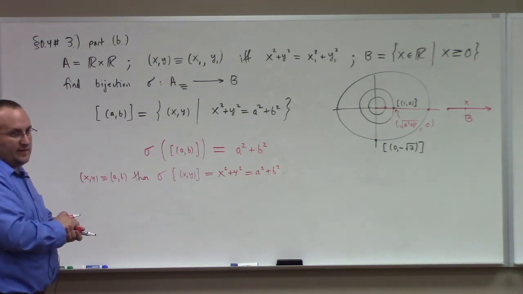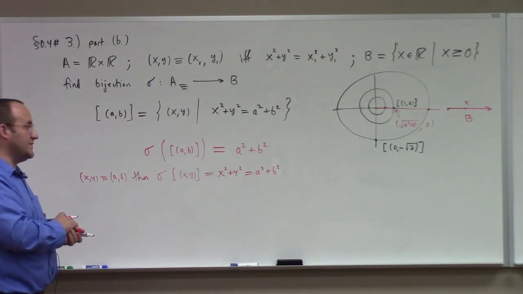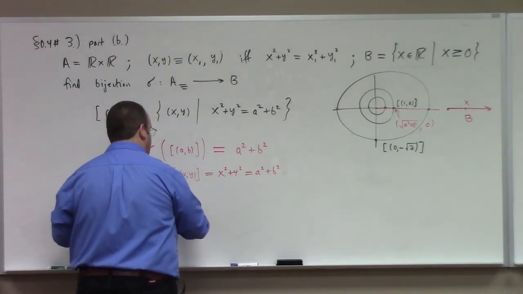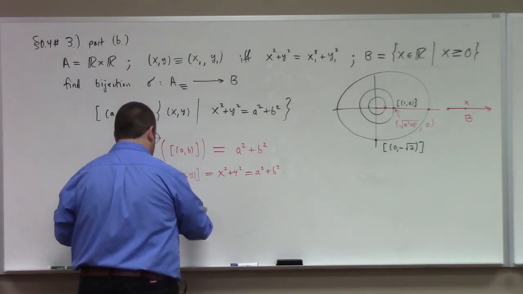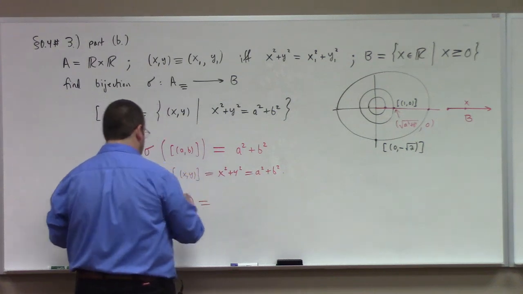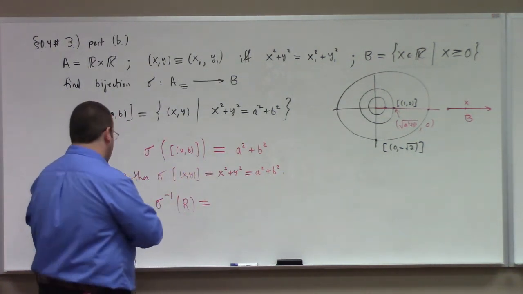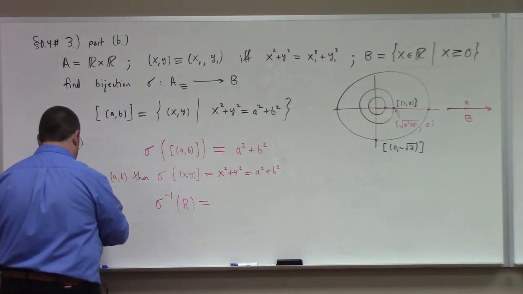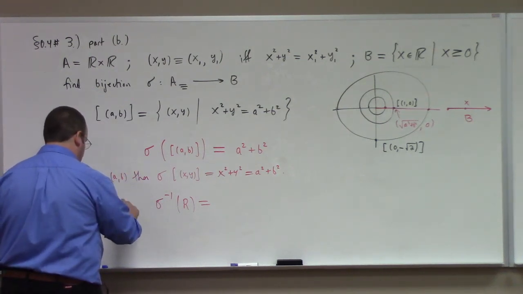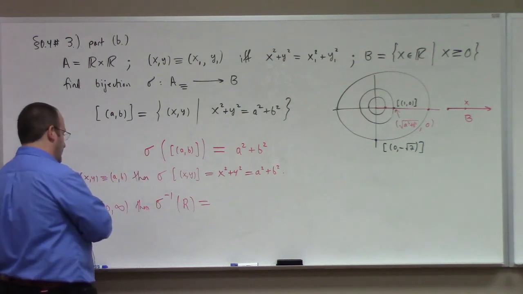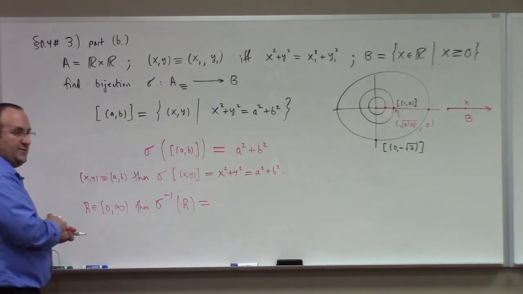And then the natural next question is, what's the inverse? If you can tell me what sigma inverse of R is, where R is an element of this set, a non-negative real number, you've got to give me the equivalence class.